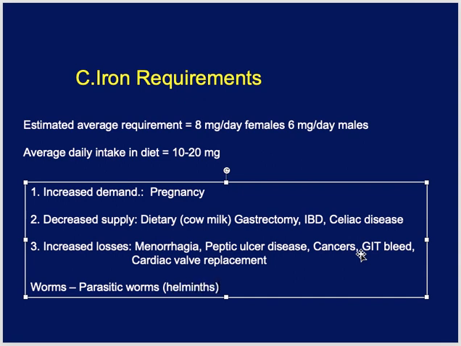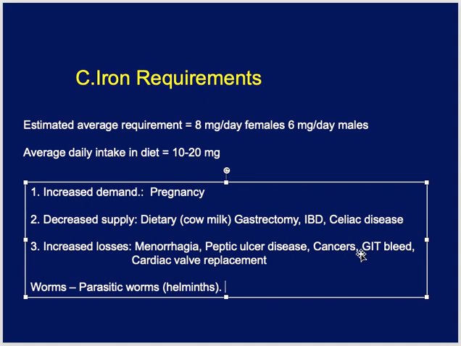So these are the ones which can infest the intestines and can lead to iron deficiency anemia. Ancylostoma and Necator americanus, there are different worms. So we deworm these patients.